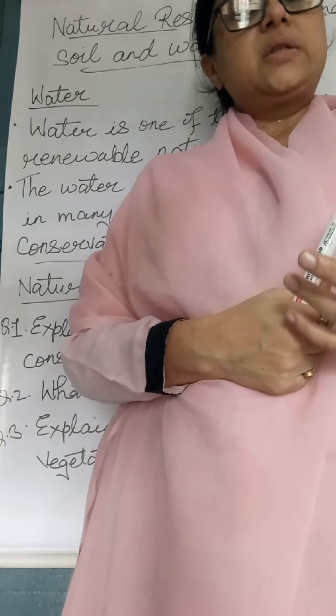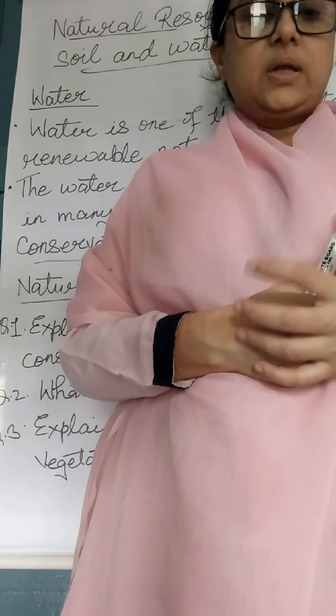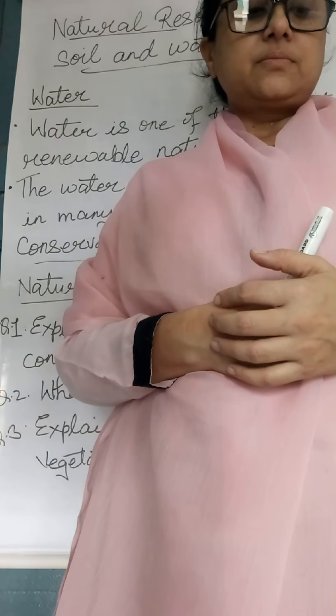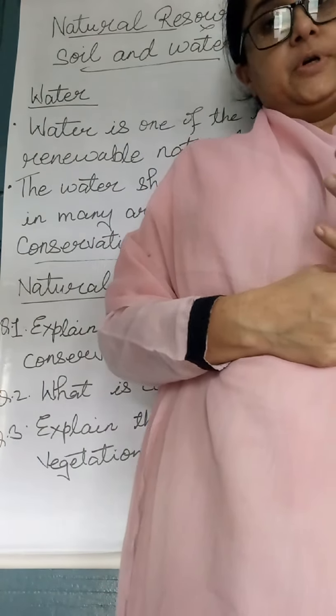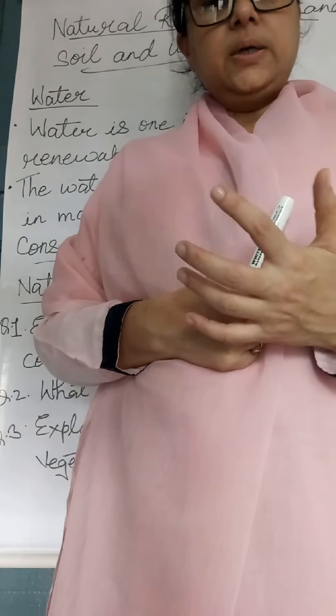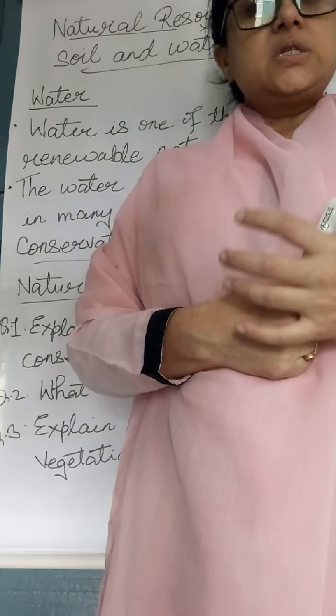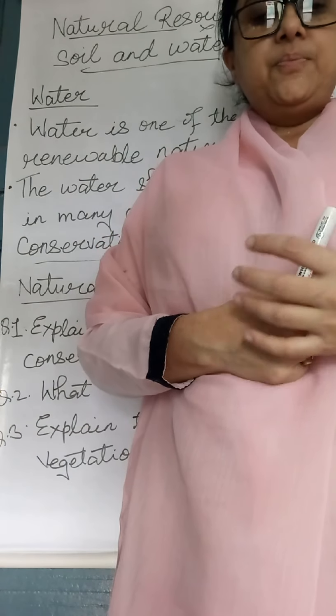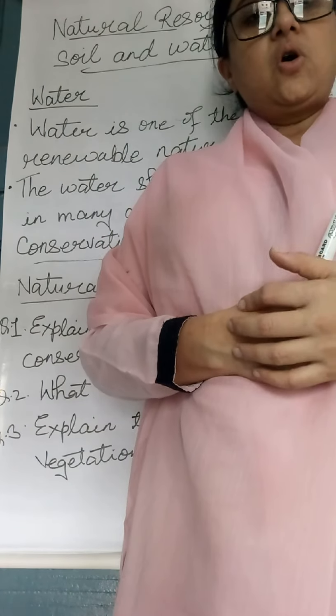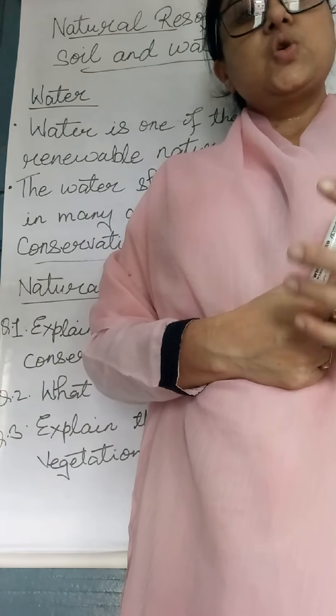Now, what are the methods we can use? That is afforestation. Planting of trees and other plants can slow down the surface runoff and improve seepage of water in the soil.